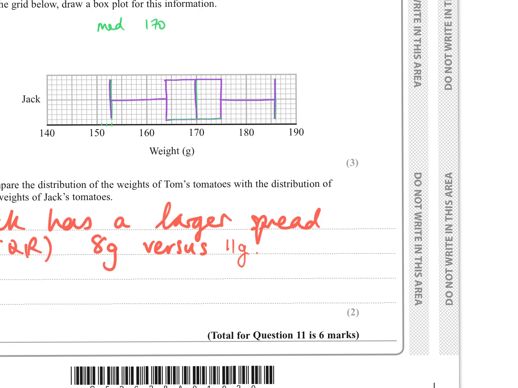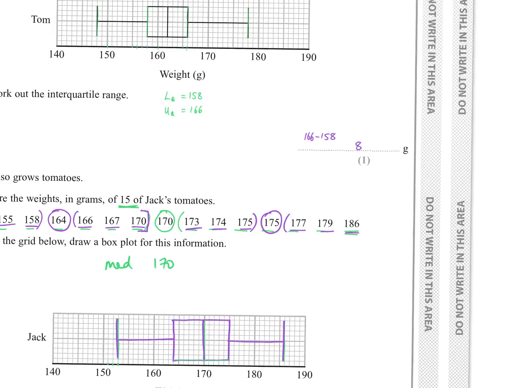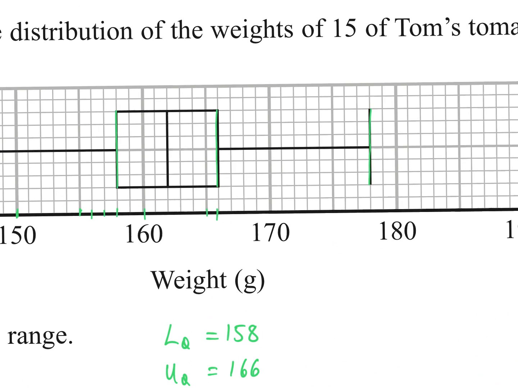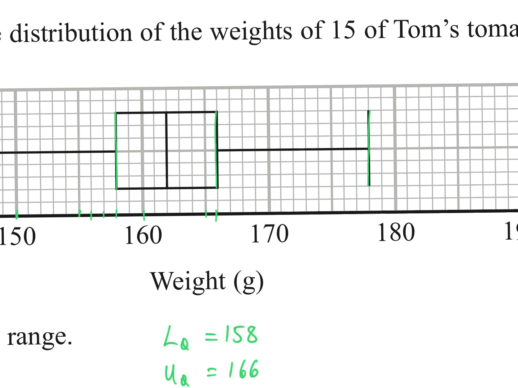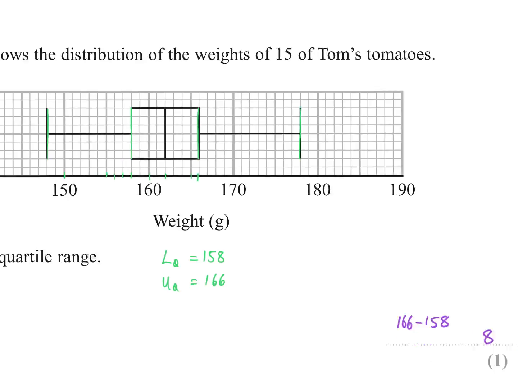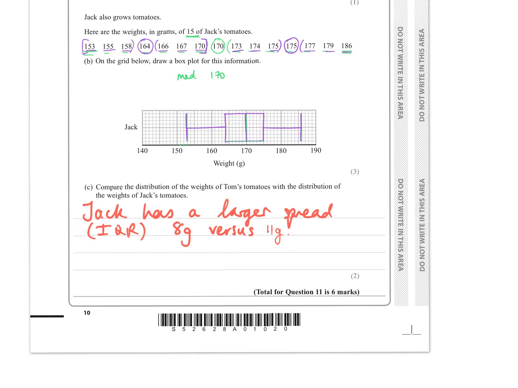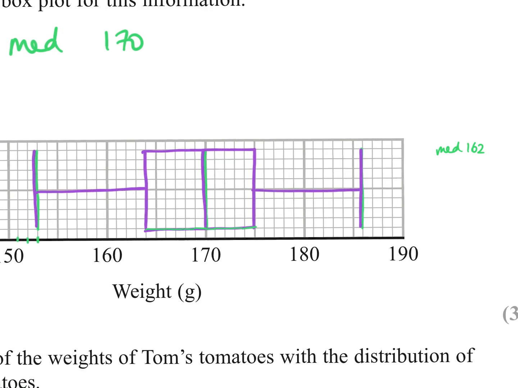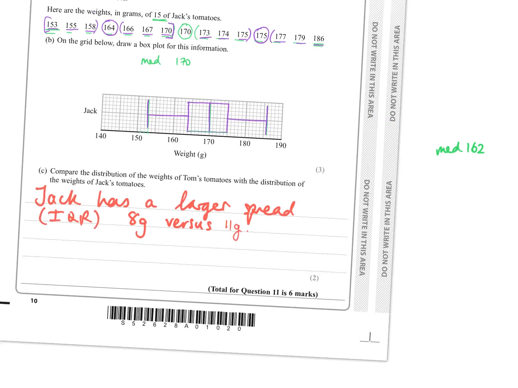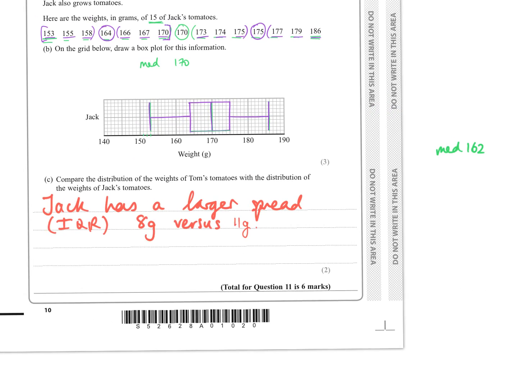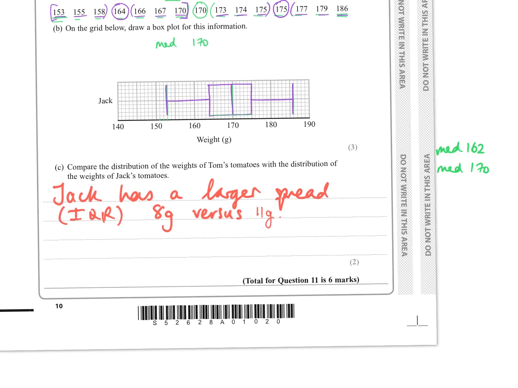And then it's always good to compare the medians. And the median here was 162. So if we just jot that down here, so the median is 162 in the first case, and then it was dead on, we can see here, dead on 170 here in the second case. So we can write our statement.